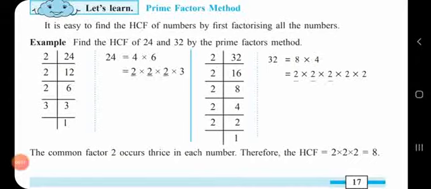So in this, the common factor is 2. 2 is repeated 3 times on both sides. So out of this we have to take 2 common 3 times. So the product will be 2 into 2 into 2, which is 8. So the HCF of 24 and 32 will be 8.